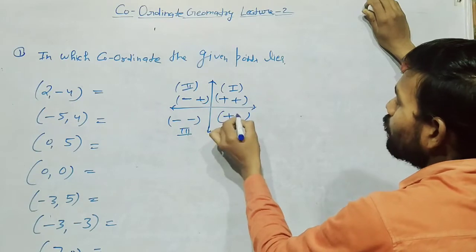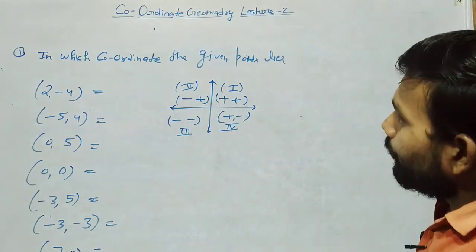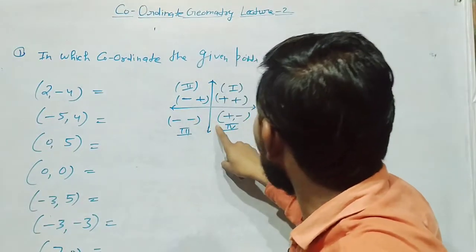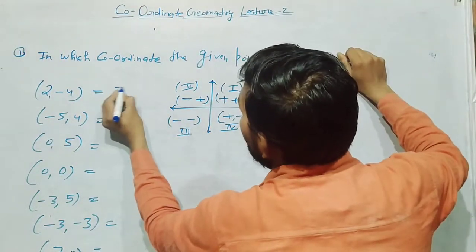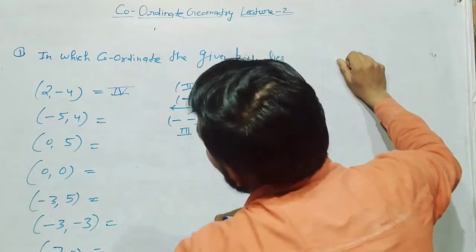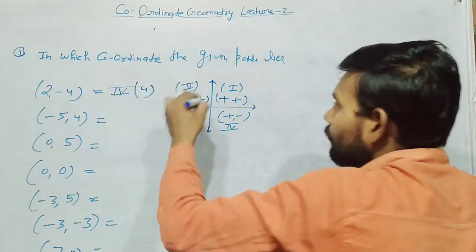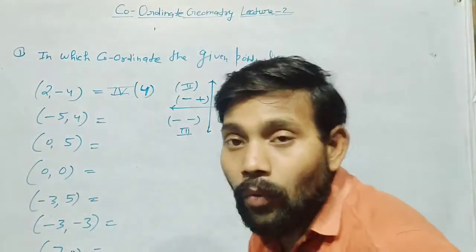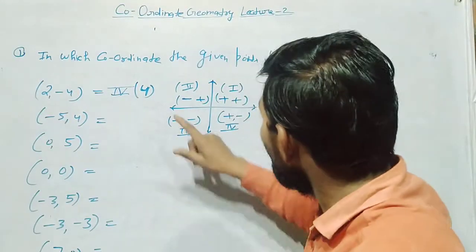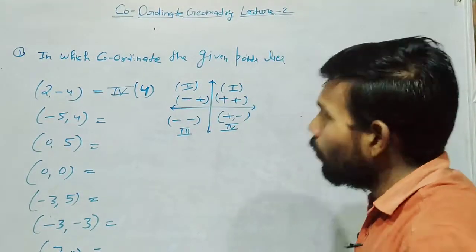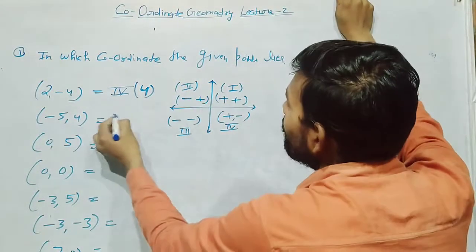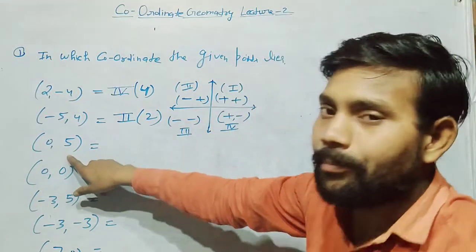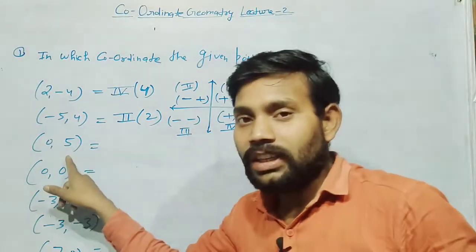In the fourth, x is positive and y is negative. So (2, -4) lies in the fourth coordinate. Next, (-5, 4): x is negative, y is positive, so it lies in the second coordinate.